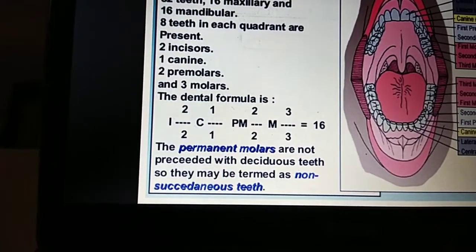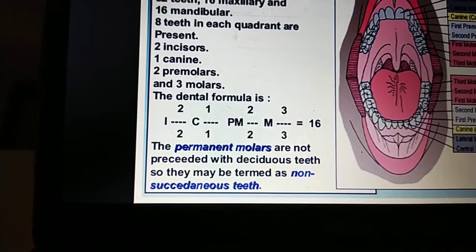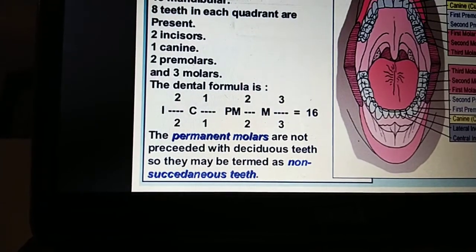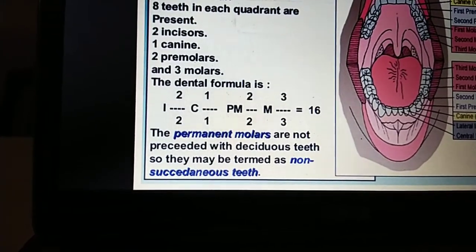The permanent molars are not preceded by deciduous teeth, so they may be termed non-succedaneous teeth.